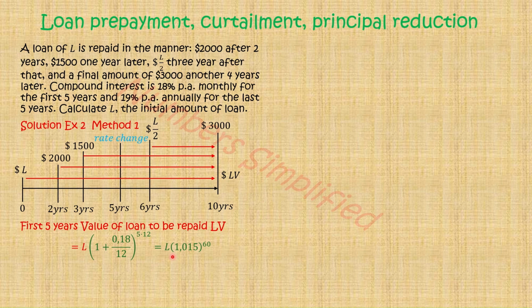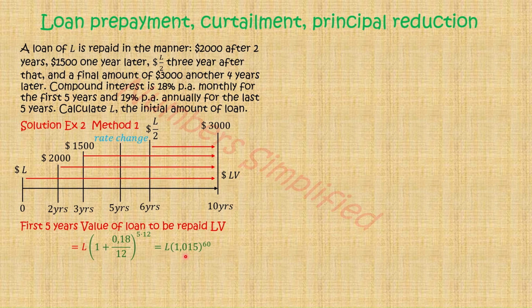Right, so inside the parentheses, we see that can actually be simplified to 1.015, and that will be raised to the power 60. Of course, we could have just evaluated that, but remember, our goal is to keep our values as exact as possible because we do not want to compromise on the final answer that we would have.